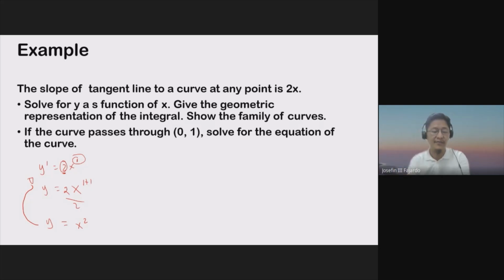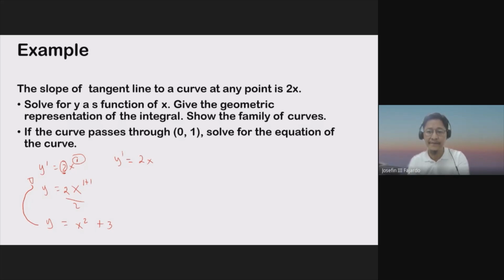Okay. Now, the only problem here, guys, is what if there was a constant before? Pag may constant, kunwari may plus 3, ano yung magiging y prime? What would be the y prime if you have a plus 3 here? Ang y prime natin dito will still be 2x, right?